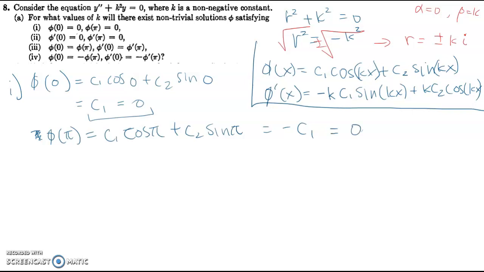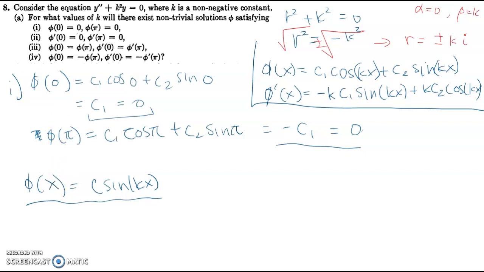So for this case, we just know C1. We can conclude that C1 is 0, so let's go back and plug it in. Phi of x equals, the cosine term is gone, so we have C2 sine of kx. So this is our equation. Sorry, this is our general solution.